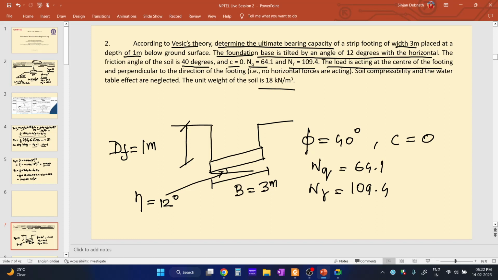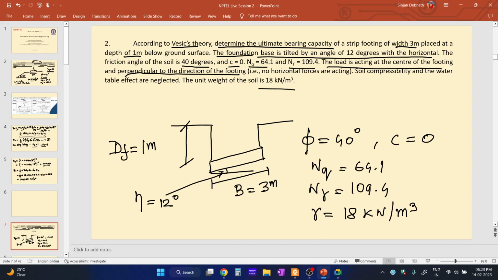Okay, so that means there is a load at the center of the footing and perpendicular to the direction of the footing. So there is no need to incorporate the inclination factors. Soil compressibility and the water table effects are neglected. So gamma, the unit weight of the soil, is 18 kilonewton per meter cube.